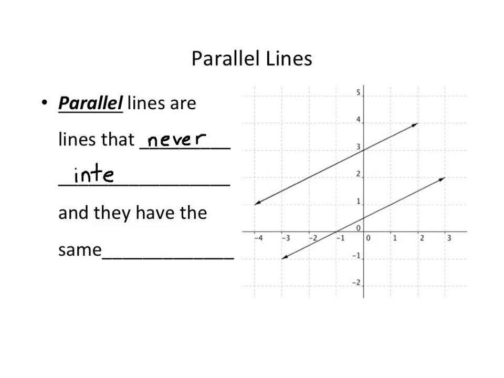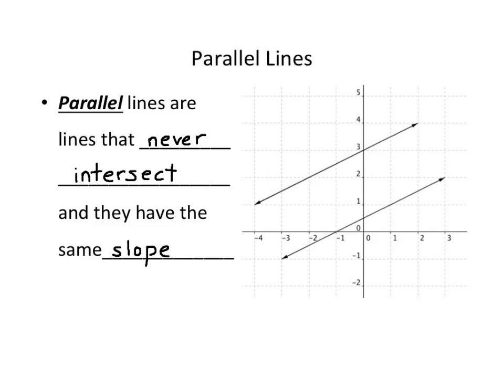So if I look over at these lines to the side, I can see that these are parallel because no matter how far I trace up and down either line, I can see that these lines are never going to intersect, or in other words, they're never going to cross each other and share a point in common. With this in mind, we also know that these parallel lines have the same slope.